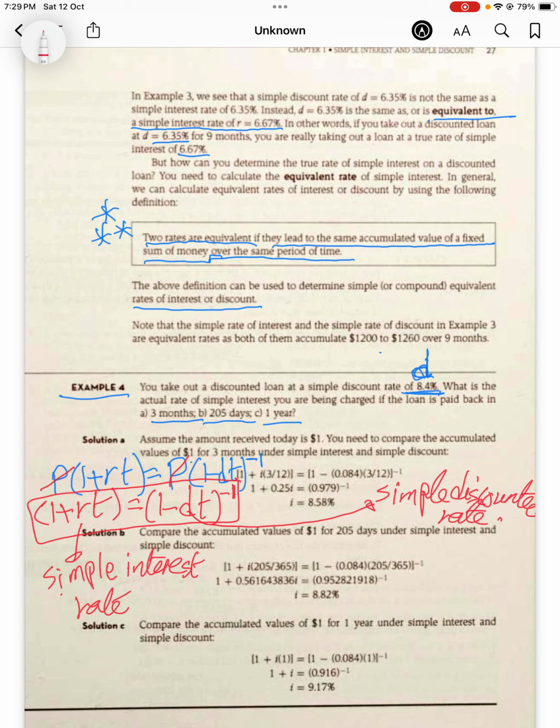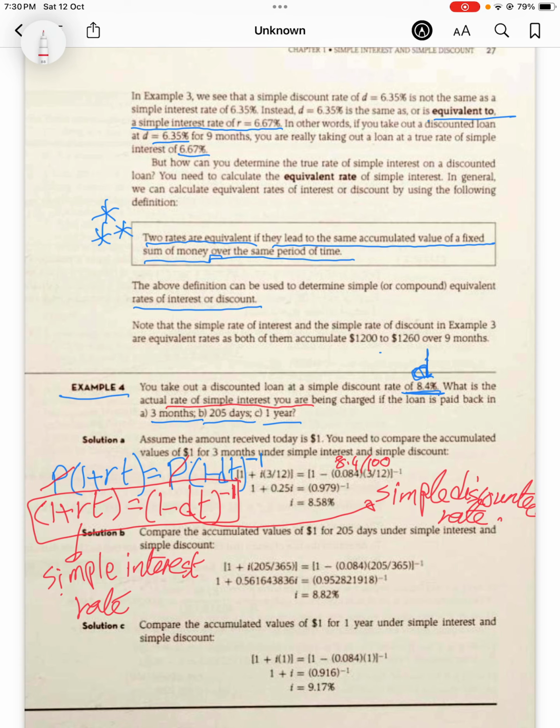Here you will substitute. I want to calculate the rate of simple interest. Instead of during 3 months, 1 plus R multiplied by 3 over 12 equals 1 minus 8.4 divided by 100 multiplied by 3 over 12, to the power negative 1.